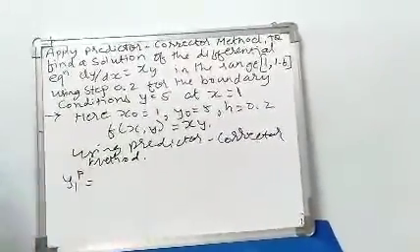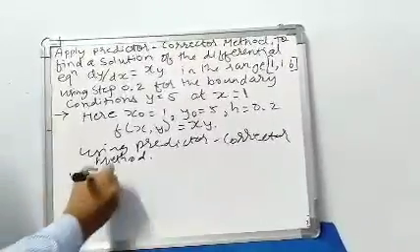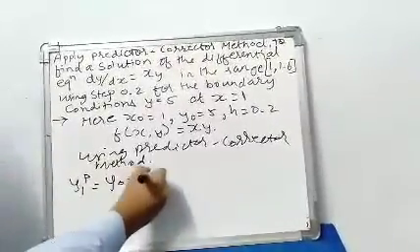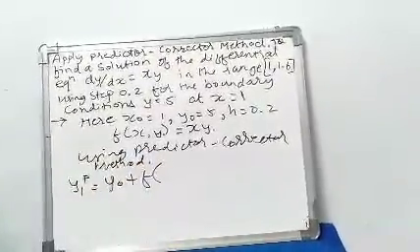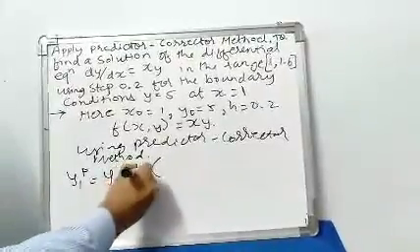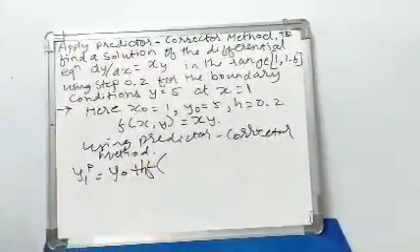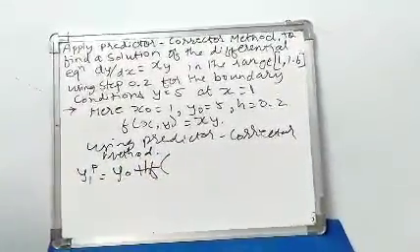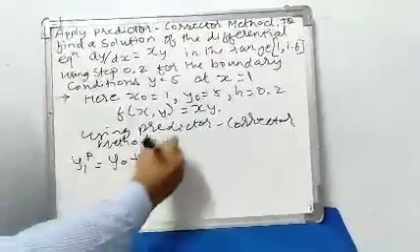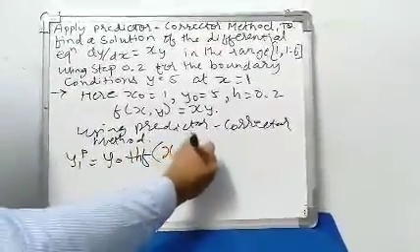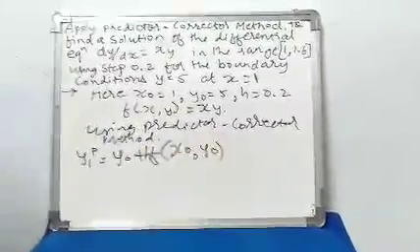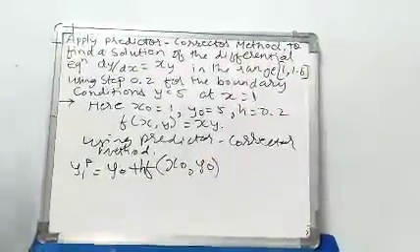y1p equals y0 plus h f of x0 comma y0, where h is the interval.